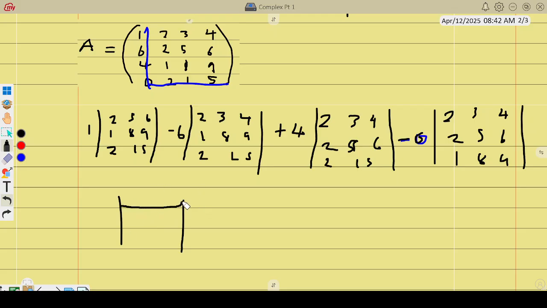Remember you only choose one thing and then you say plus 2, and then you have a 4 by 4 after cancelling, and then you say minus the next thing. In short, I'm just taking you through this in case you meet it, so at least you'd have some idea.